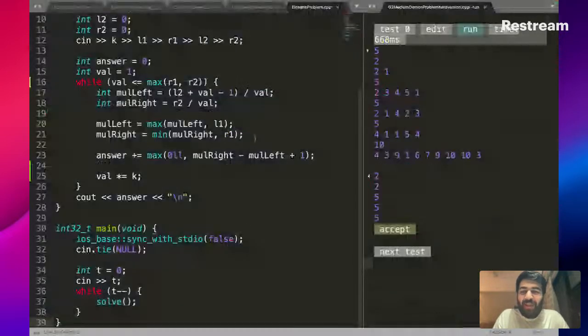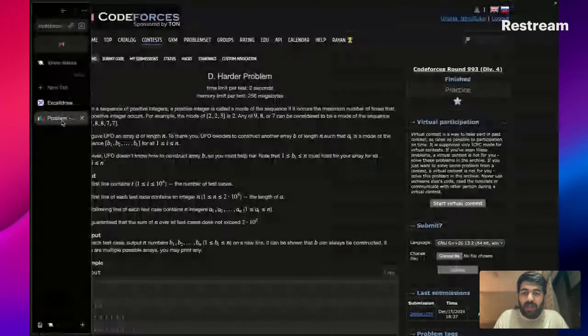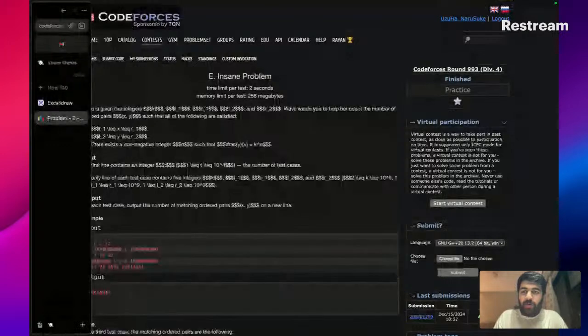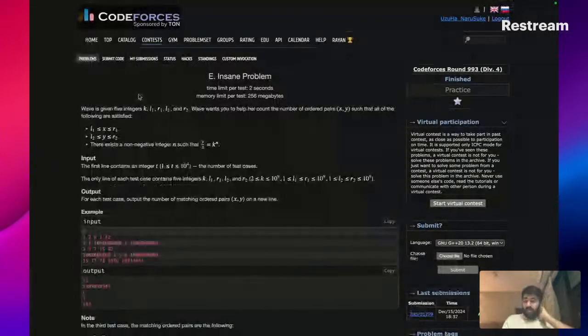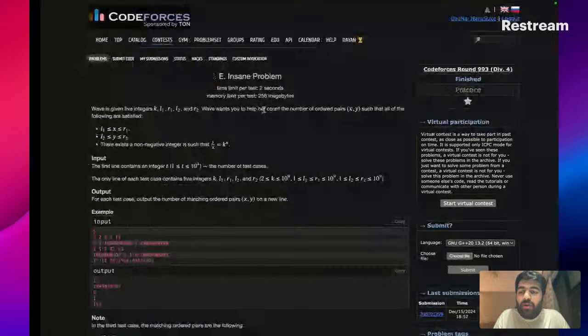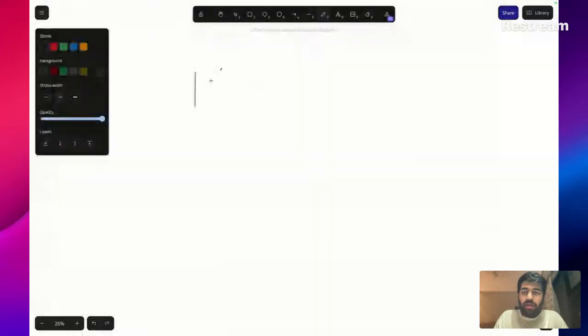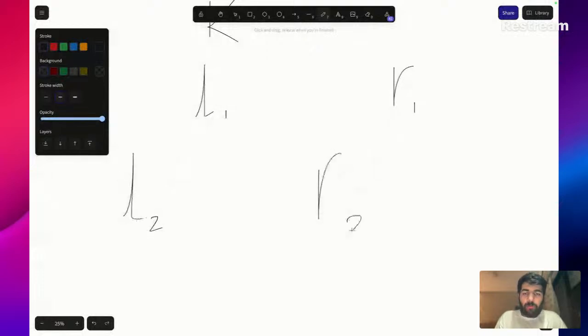Now coming to E. E is also quite a straightforward problem. We are given a range L1 to R1 and another range L2 to R2.